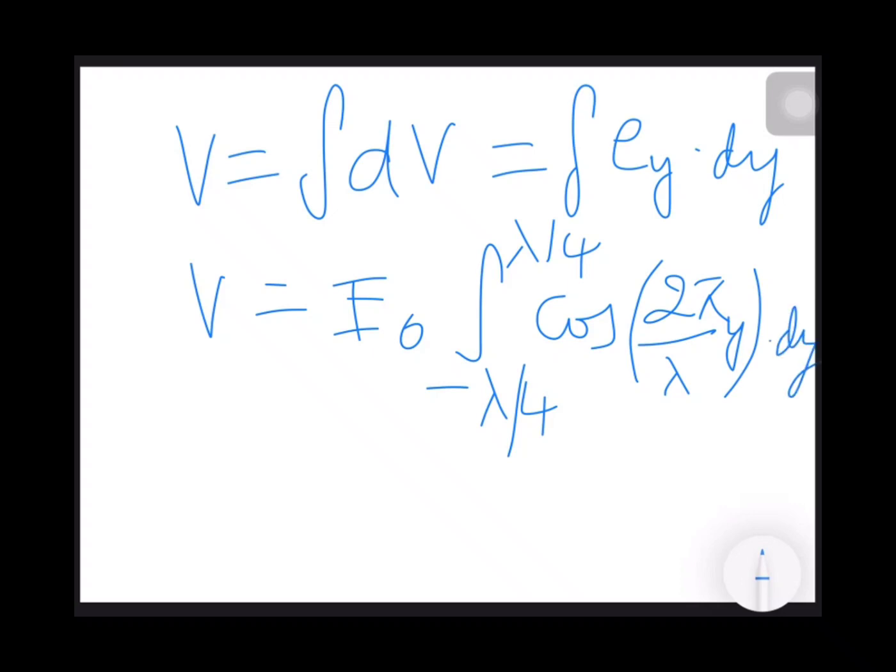Here we take it as lambda by 4 because the antenna is a lambda by 2 antenna. When we divide this lambda by 2 antenna into two different parts, then each acts as a lambda by 4 antenna. That is, one half wave section is equal to two quarter wave sections. Please understand the concept.